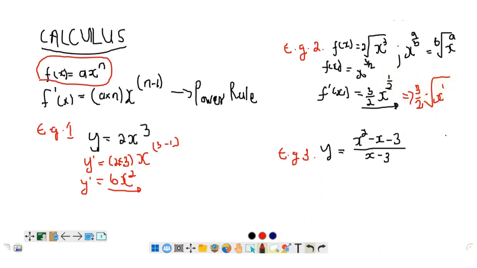But you know how it is, even if we don't write the 1, we know it is 1, so we can just move it. So this is in surd form.